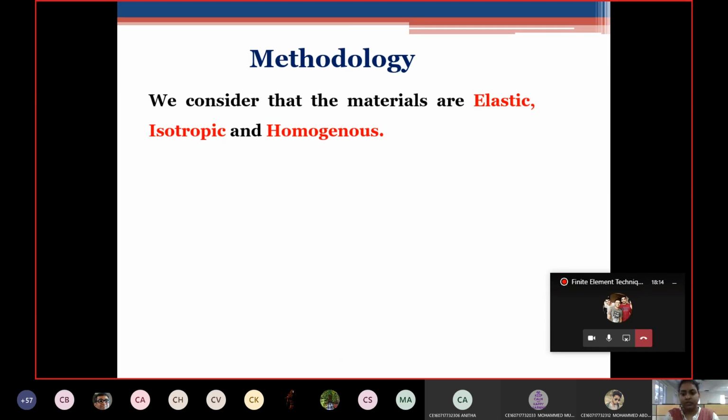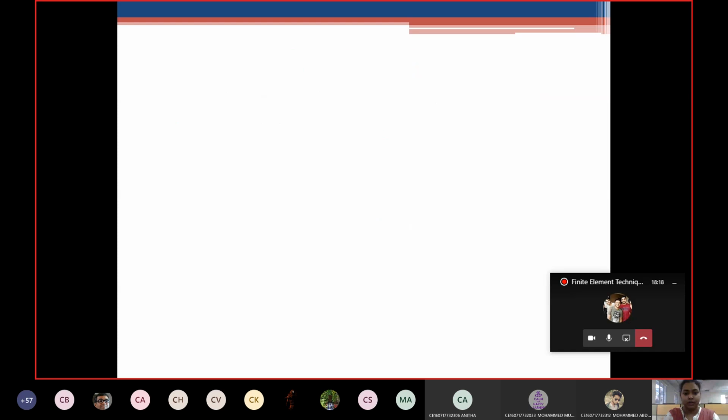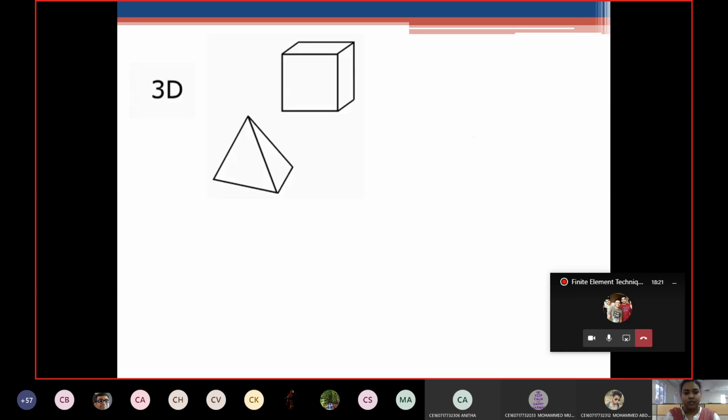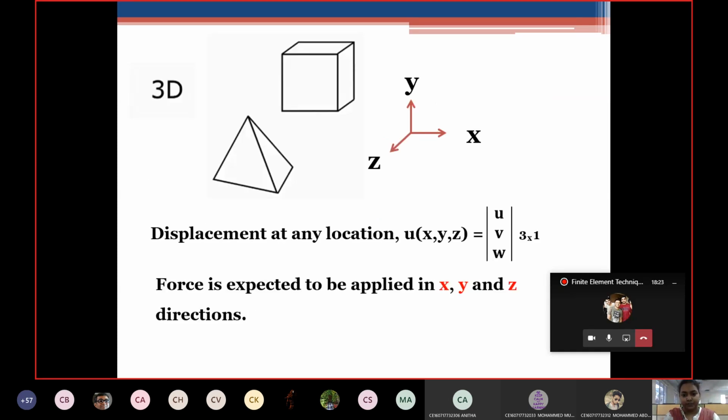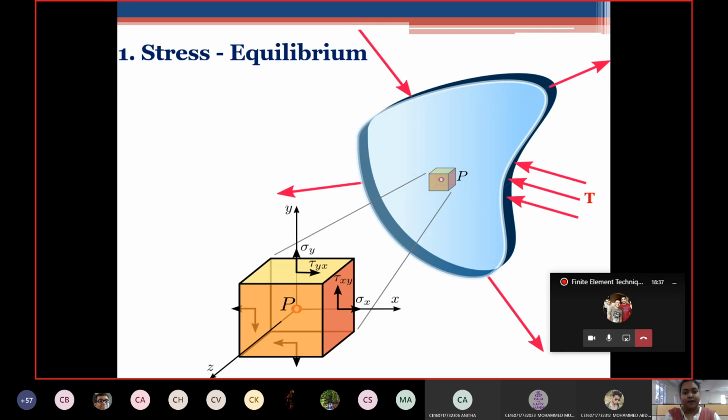In the previous case, we saw how the methodology is considered for a 1D element, a 2D element and a 3D element. Now under methodology, we have three important things to be taken into account. What those three important things are is what we are going to see today. So our first session will be stress equilibrium equations.